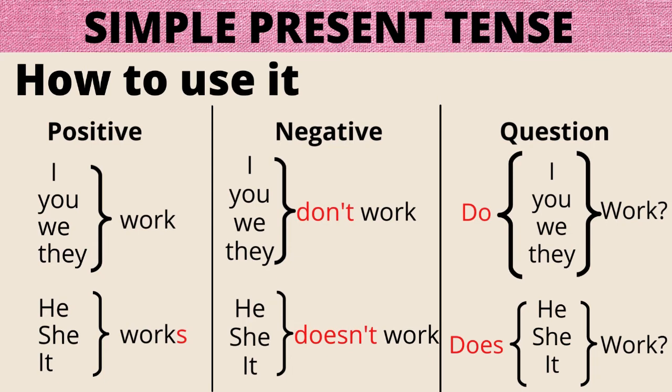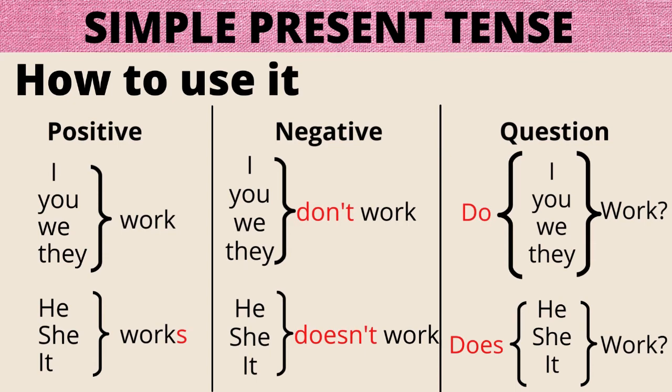So, we can say I don't, you don't, we don't, or they don't, plus the infinitive verb, and no change to the verb. So look at the examples. I don't work. You don't work. We don't work. They don't work.